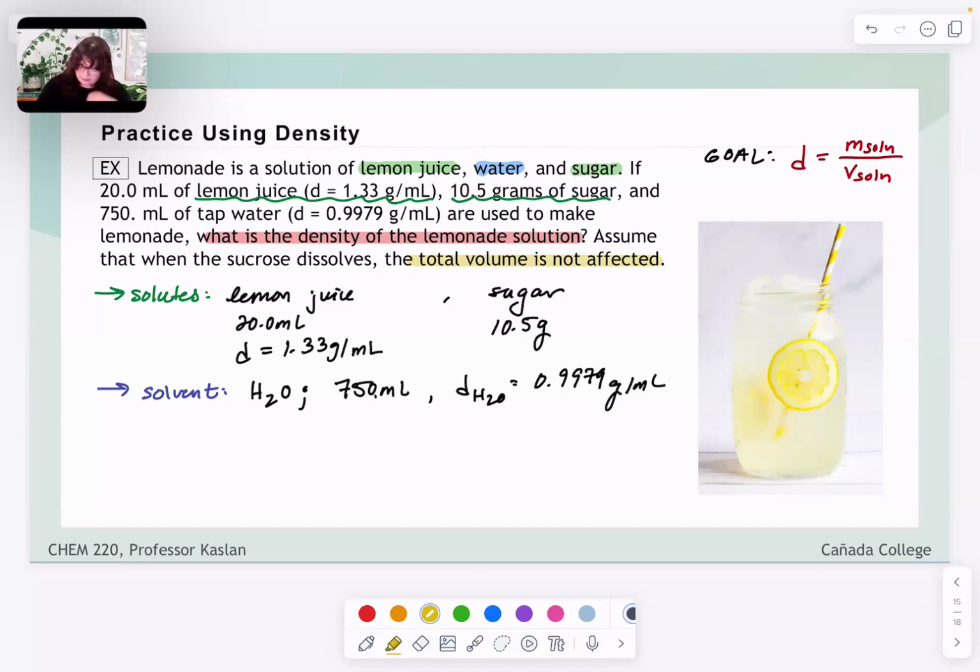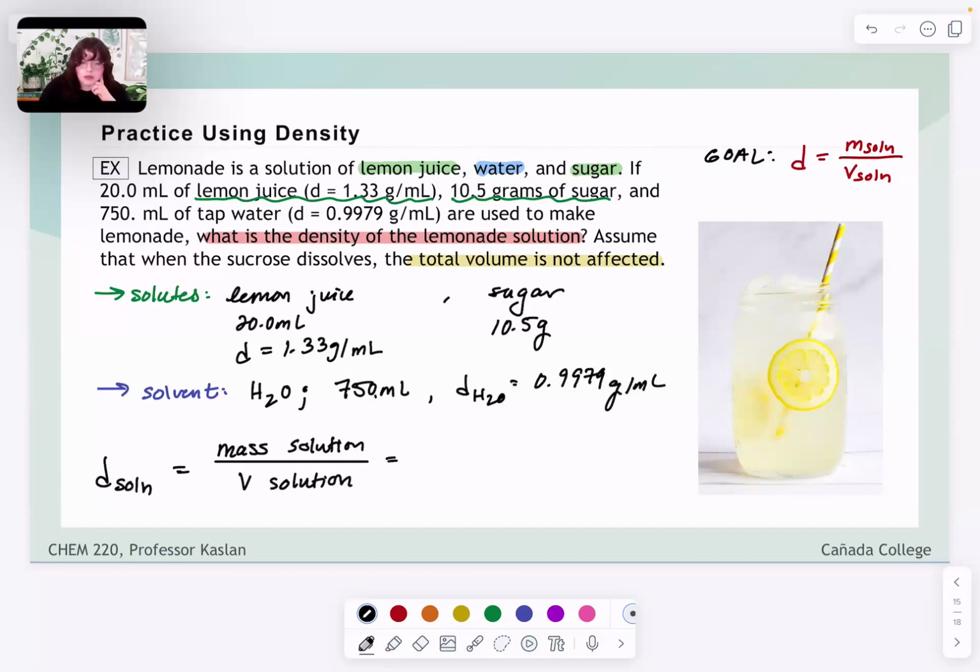So let's see here. Density of a solution is equal to the mass of solution over the total volume of solution.